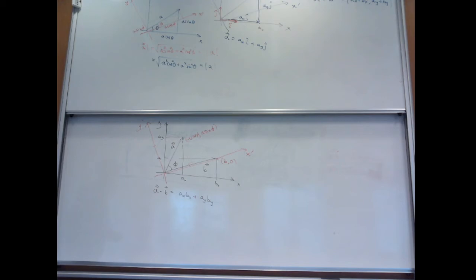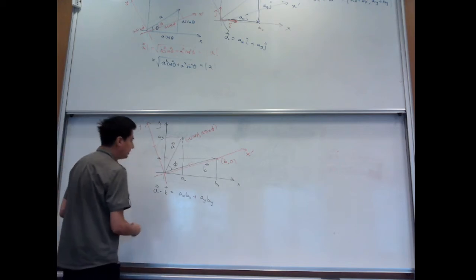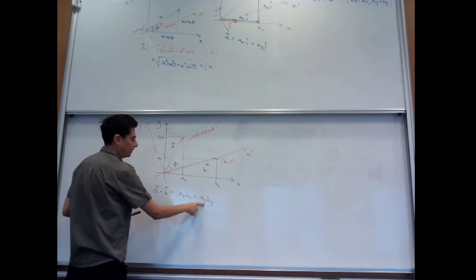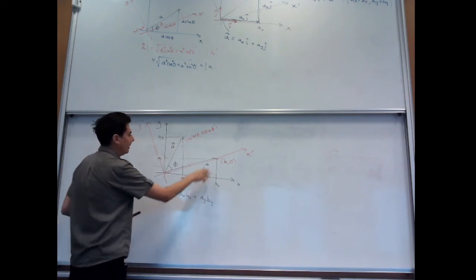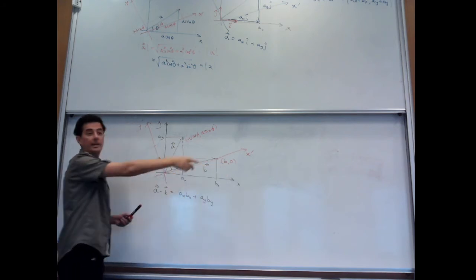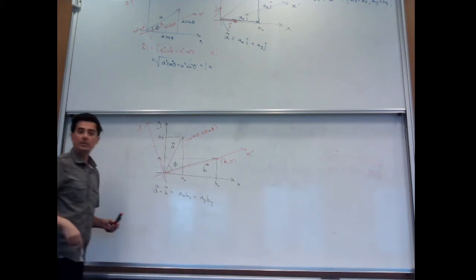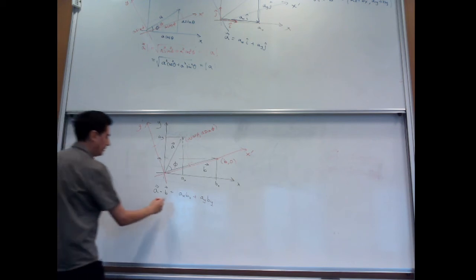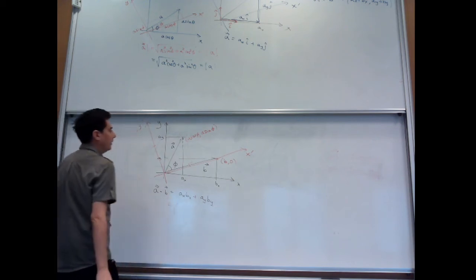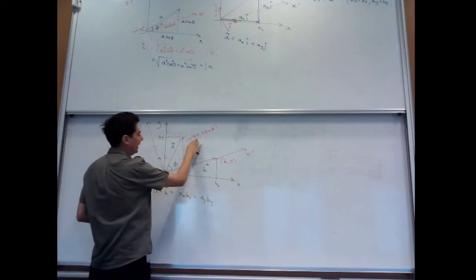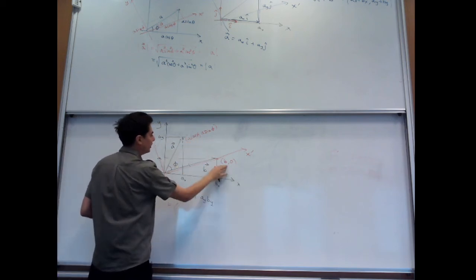Okay, so now instead of Ax, Bx, Ay, By, we're going to use the coordinates in the dashed axes instead of the original axes. If we do that, then it's the same rule. You look at the x components and you multiply them together.